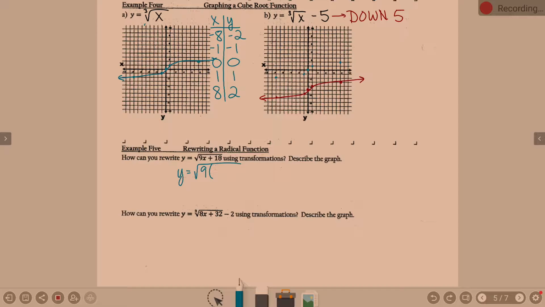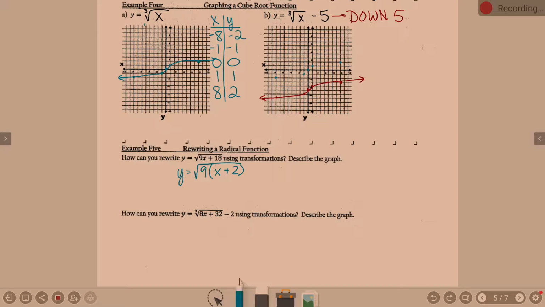So I wrote my square root, I'm going to put a 9, and then parentheses. 9 is my GCF if you want that vocabulary. As I factor the 9 out, what goes in my parentheses? 9x divided by 9 is x, plus 18 divided by 9 is 2.